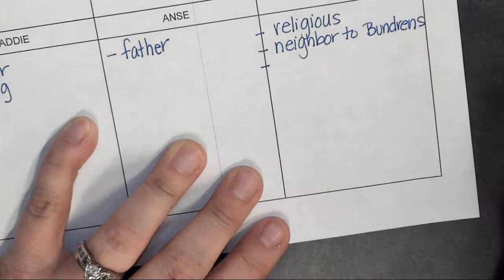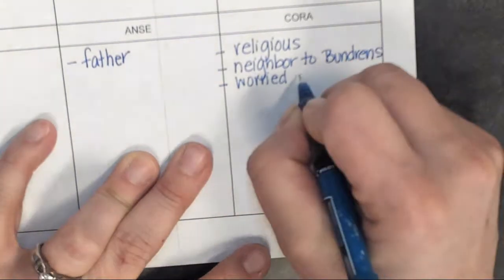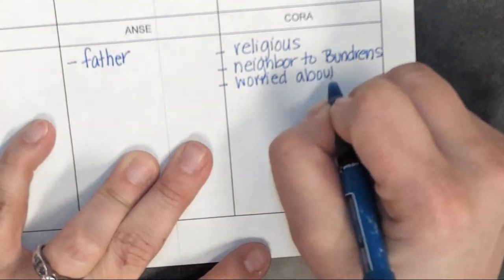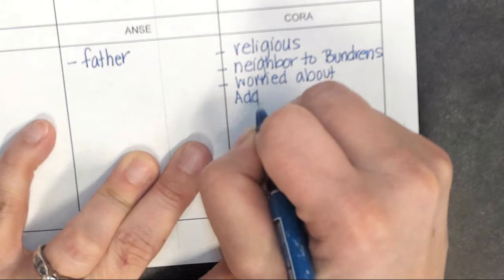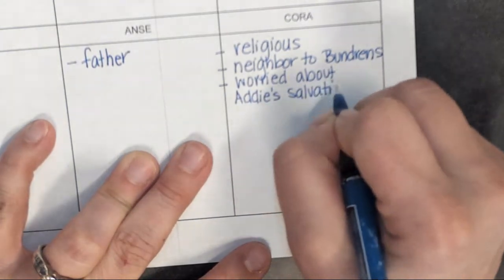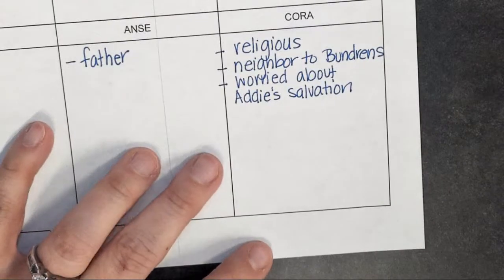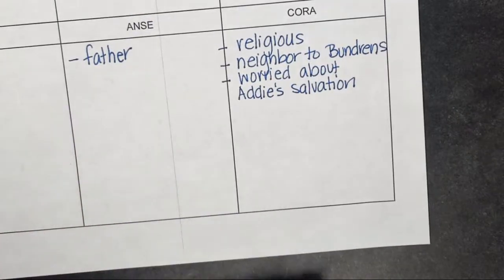She's worried about what concerning Addie? She isn't saved. She's worried about her salvation. Yeah. And we'll pick up there tomorrow. So, just don't worry about reading too much ahead.